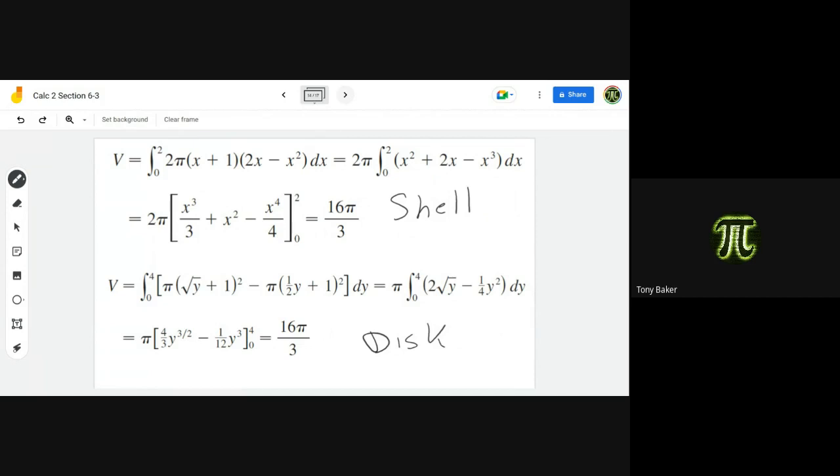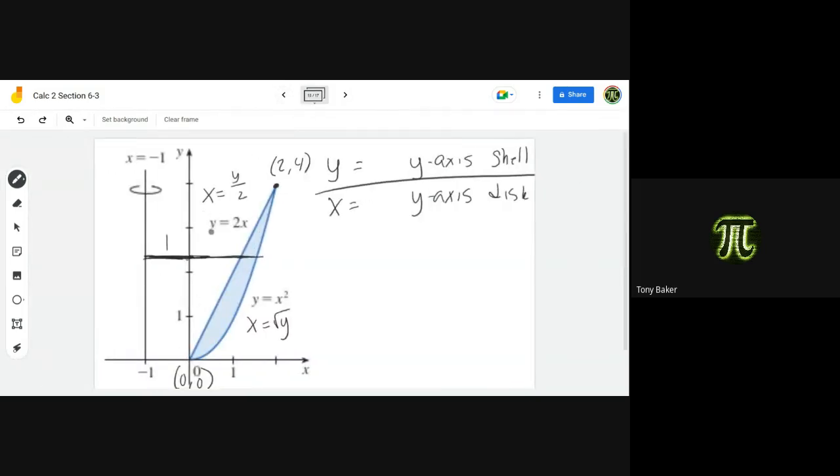Not sure how you got x plus 1. Okay, so the x plus 1 comes from here. Why x plus y squared? Because that's the further out. Remember, we're plugging in x values.